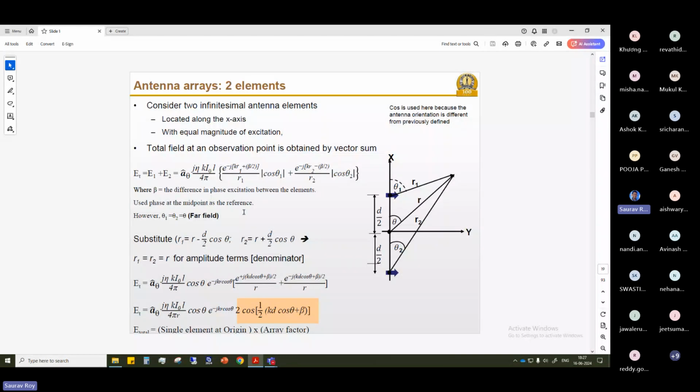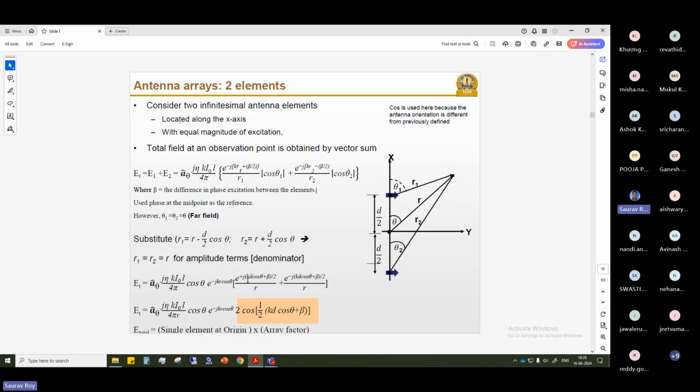But the phase we will not do this for, because even a little bit of variation in phase may give a lot of variation in your signal. Okay, so that we cannot do. But the amplitude generally will not change that much, because when 1 by r is very small, it will be almost constant for R1 and R2.